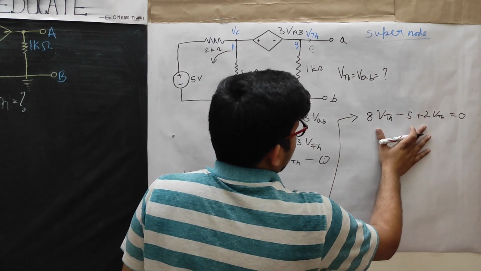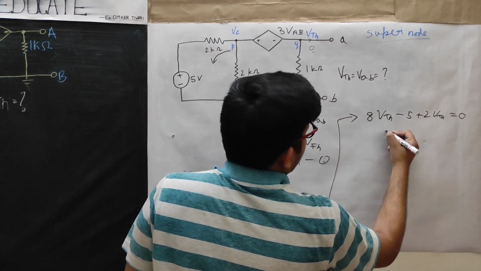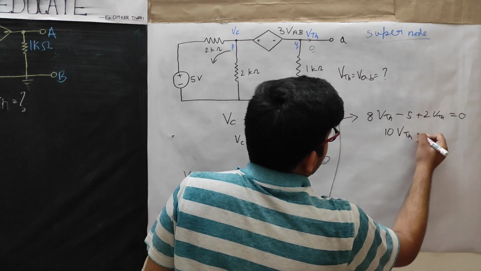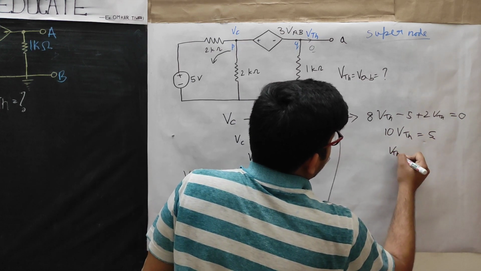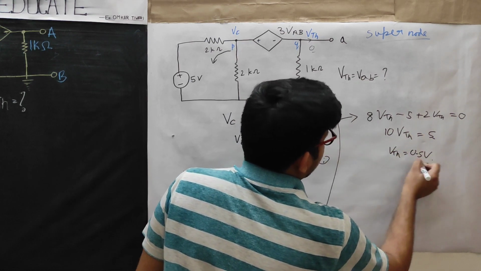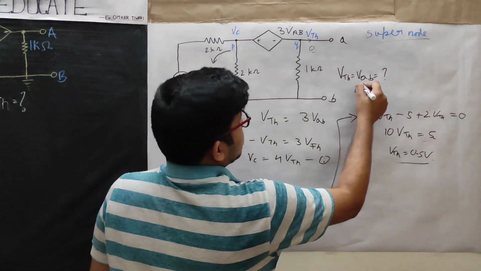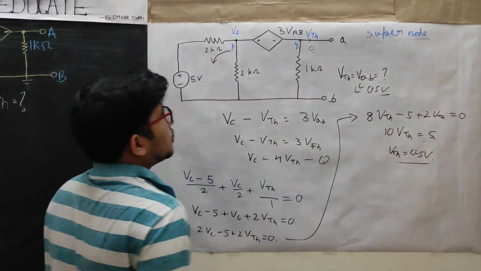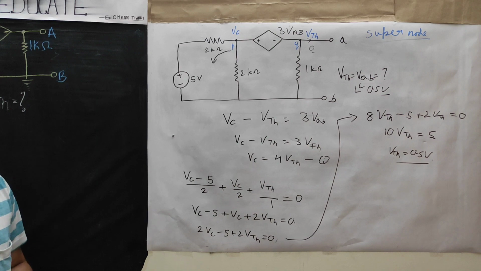After solving these two, we get 10 times of VTH equals 5. So VTH is equal to 0.5 volt. So you get the answer as 0.5 volt. This was a question which has been asked in GATE.